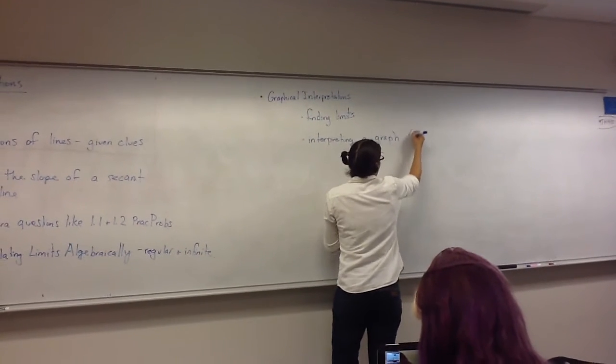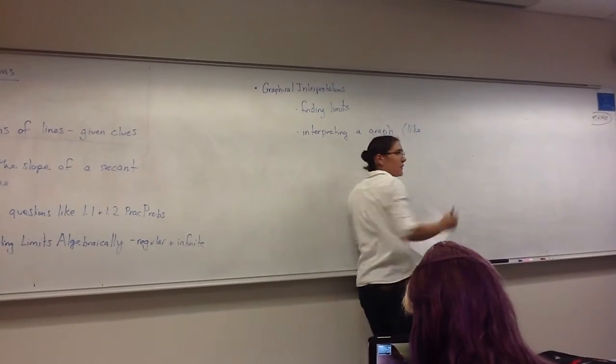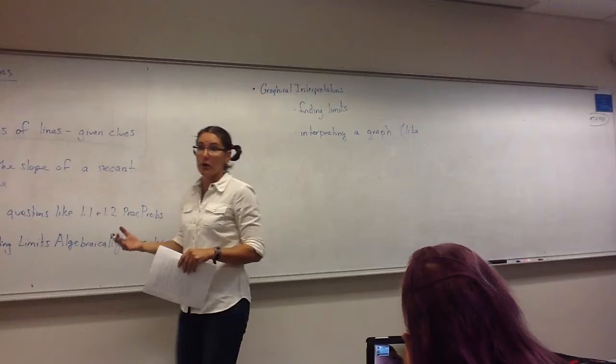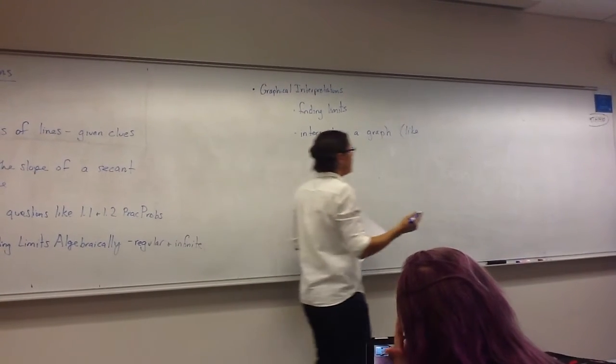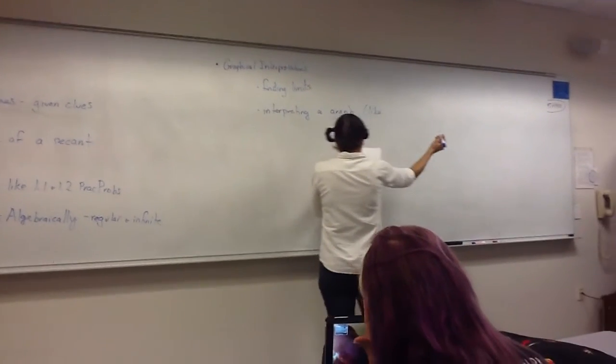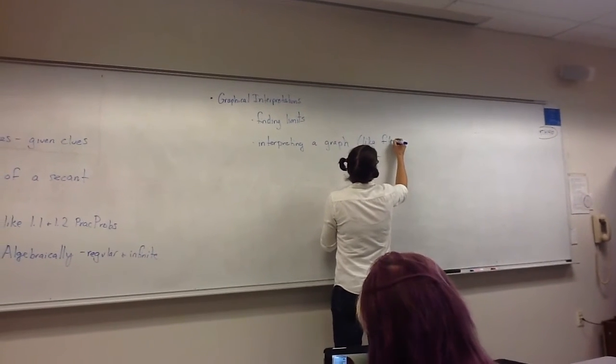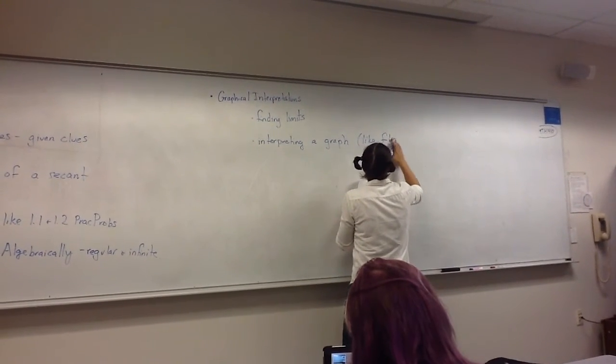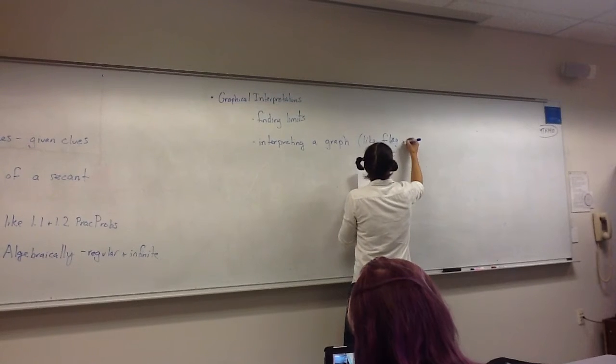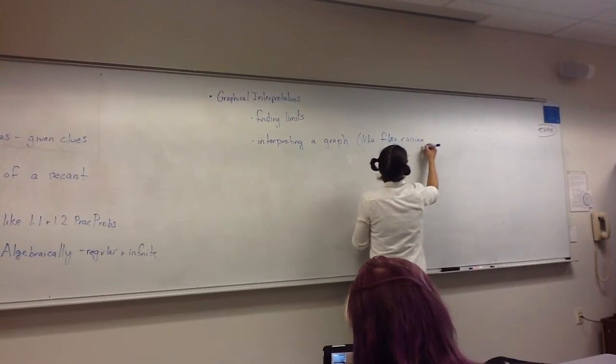And what I mean by that is things like our examples on day 1 when we were talking about the boy raising the flag. Can you describe what's happening in a particular situation, like our flag raising graphs?